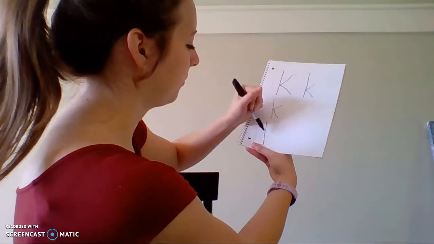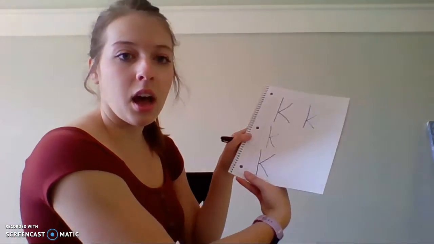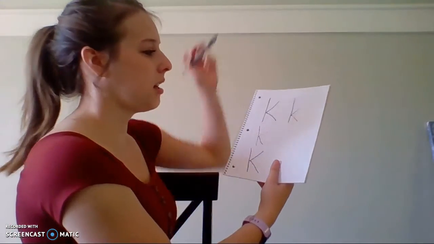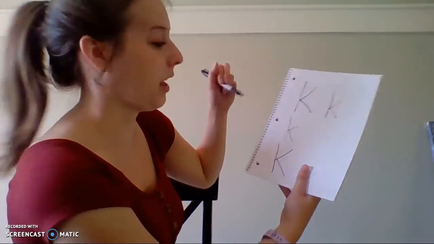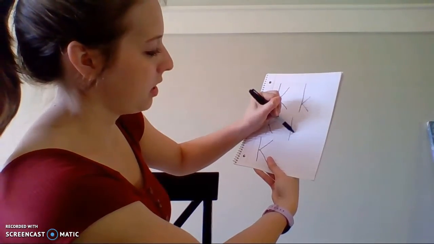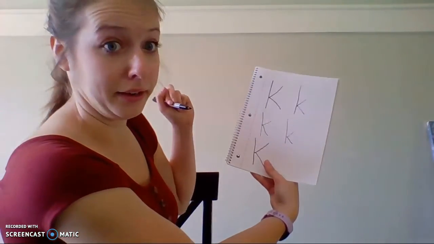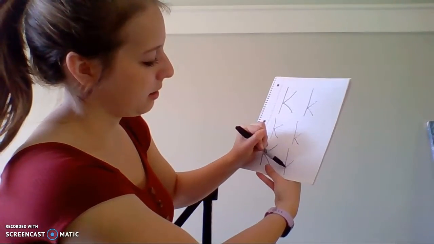Big line down, little line up, little line down. A lowercase k is almost the same, but the little line only comes halfway up the big line. So big line down, little line up, little line down. One more. Big line down, little line up, little line down.